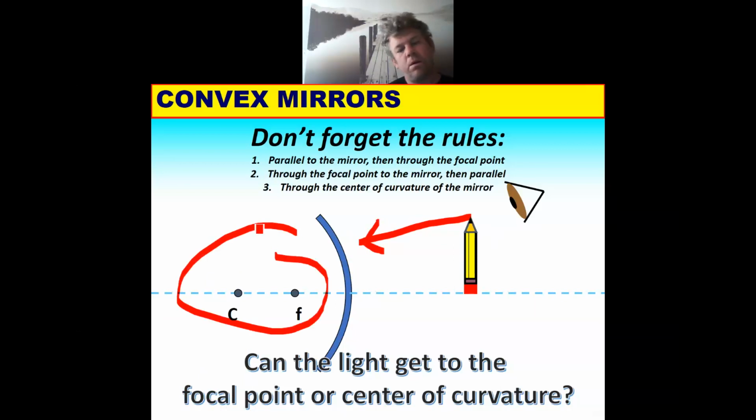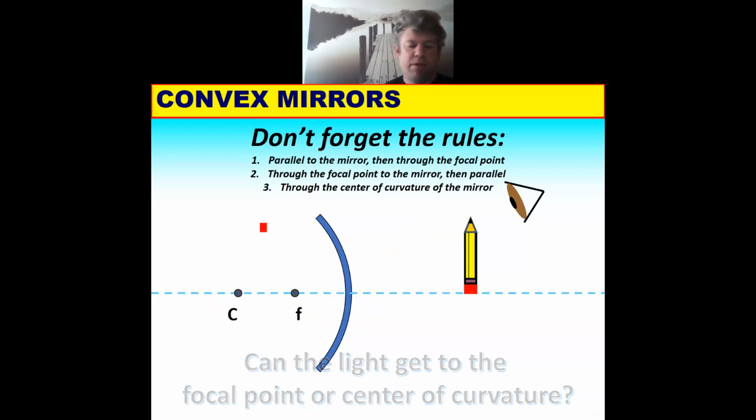It shouldn't, because the mirror is going to have some sort of a solid backing to it. Now, there are one-way mirrors, where you can see through them, and those have purposes in businesses to allow people to observe their customers while keeping their office areas private. But for us, the majority of the mirrors that we're going to work with are not that. So this light should not make it through there.